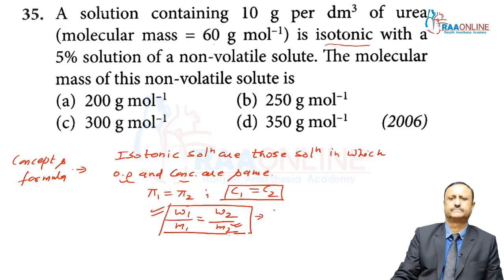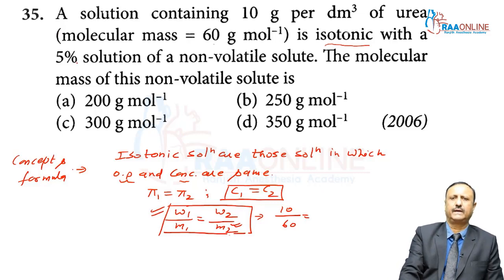How? Yes, we can see that W1 is the solute for which you can get the molecular weight. Here you can see 10 gram and molecular mass 60, means W1 is 10 and molecular weight is 60. Then you can see here, my dear students, W2 is 5%.